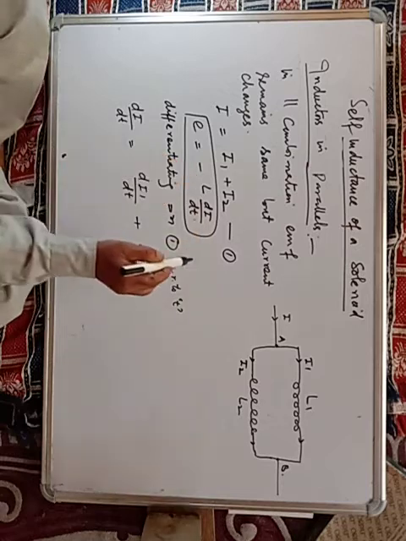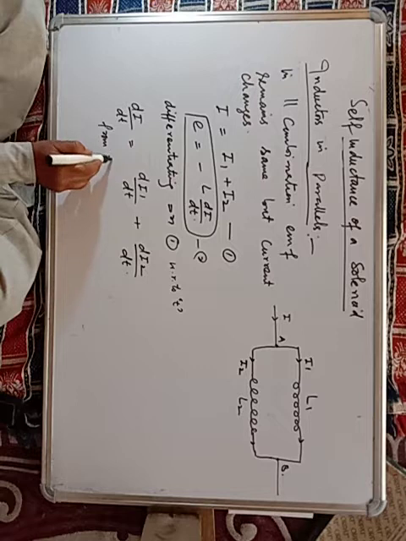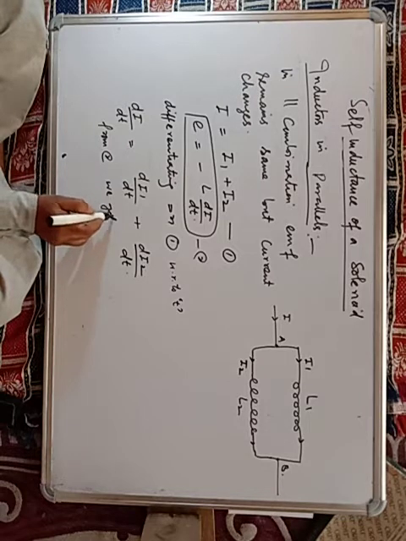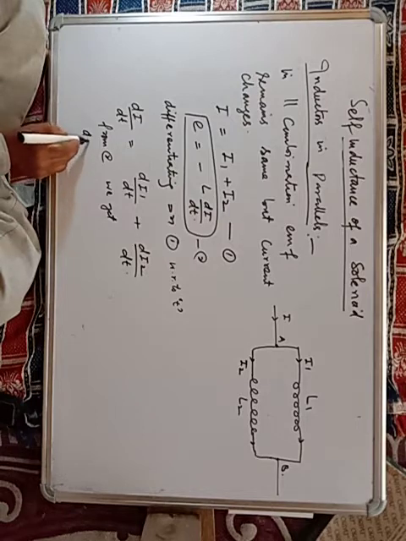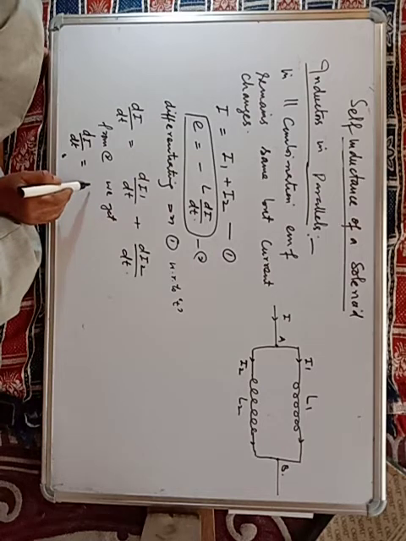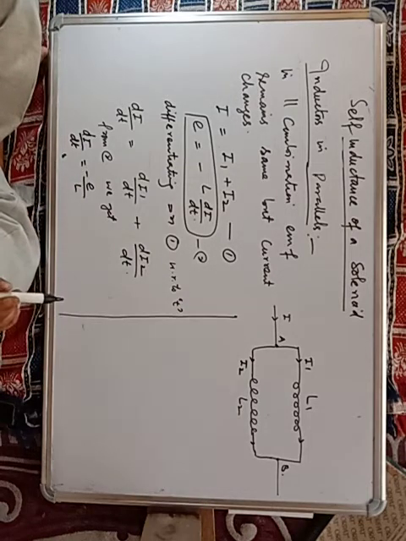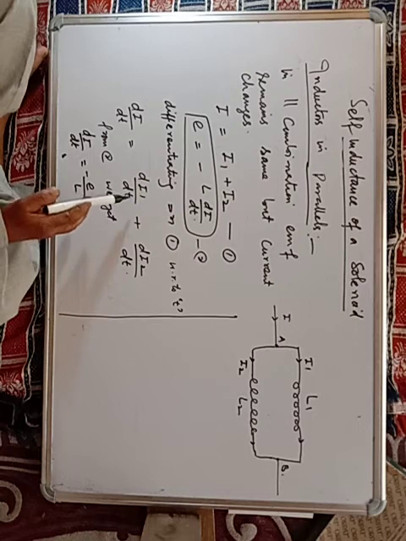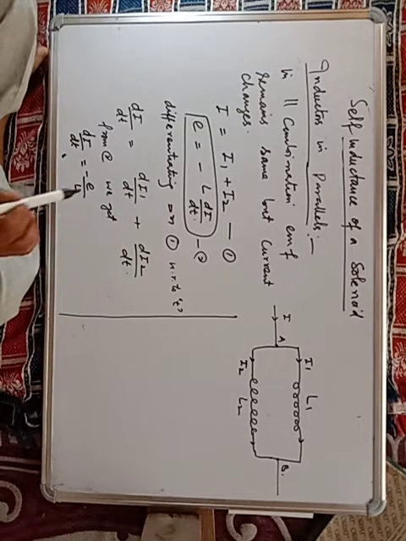Now from the second equation, we get di upon dt is equal to, it is E divided by L, लेकिन यहाँ पे माइनस होगा, minus E divided by L. यहाँ देखेंगे तो di1 divided by dt, it is minus E divided by L1.